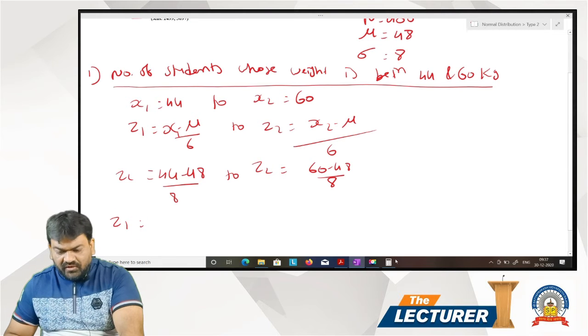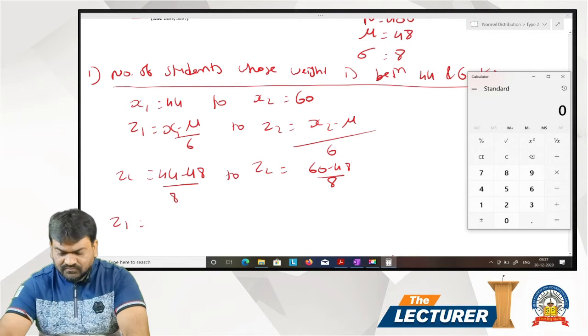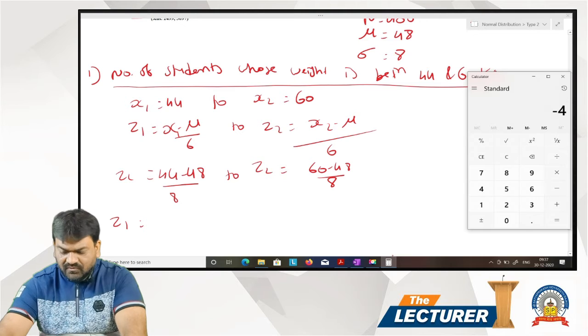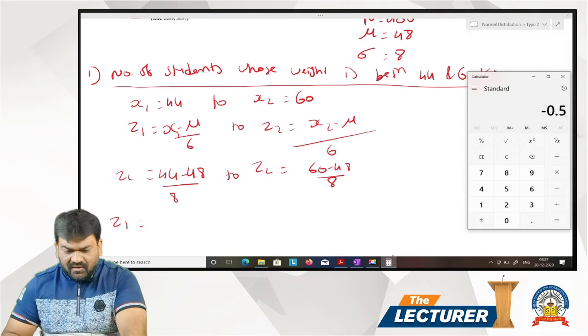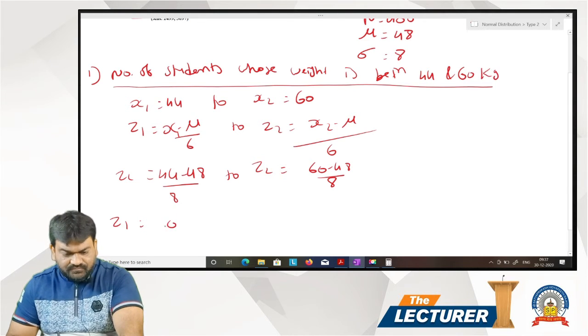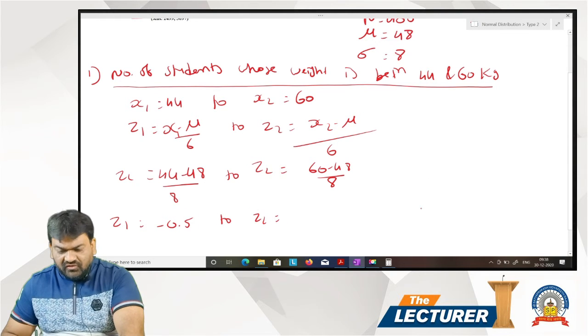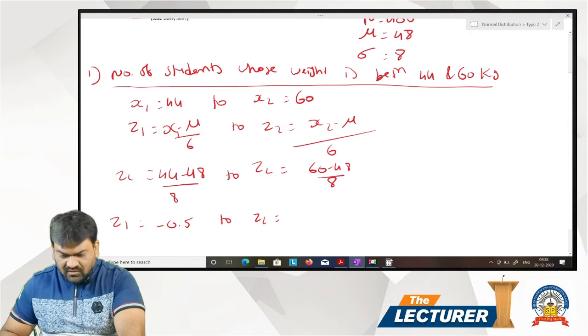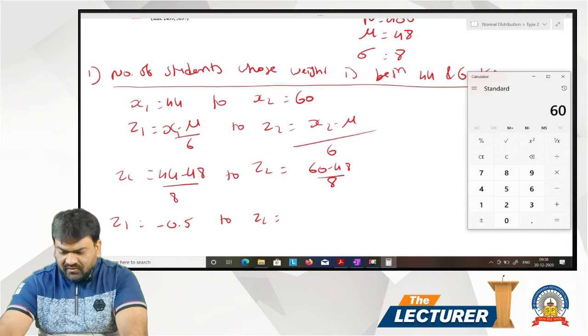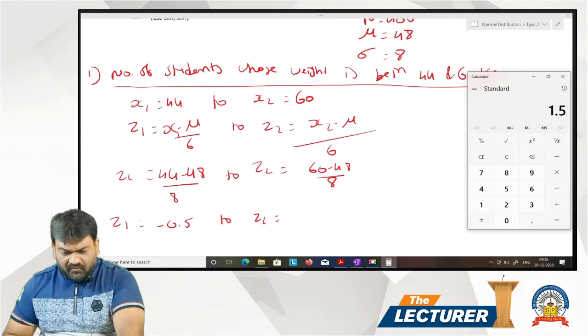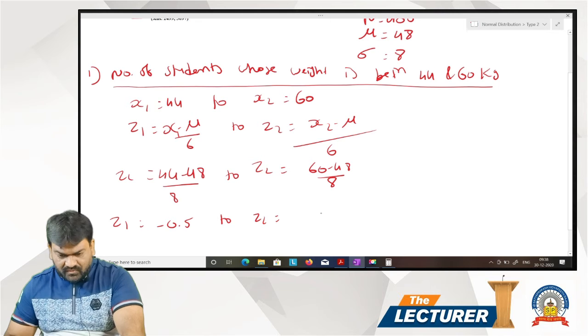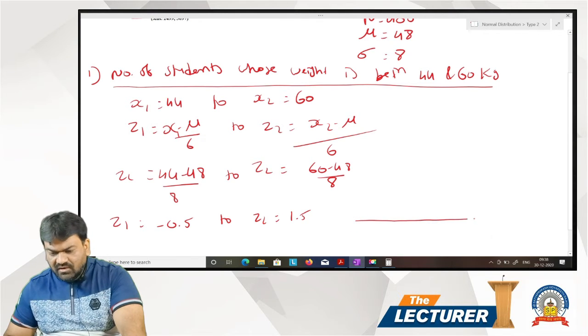Z1 is equal to 44 minus 48, that is minus 4, divided by 8, that is minus 0.5. Z2 is 60 minus 48, that is 12, 12 by 8, that is 1.5. So minus 0.5 to plus 1.5. Draw the area under the normal curve.